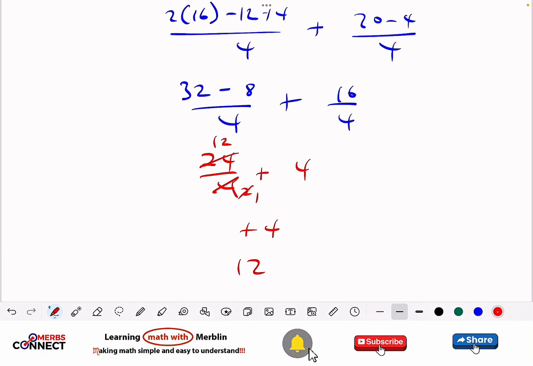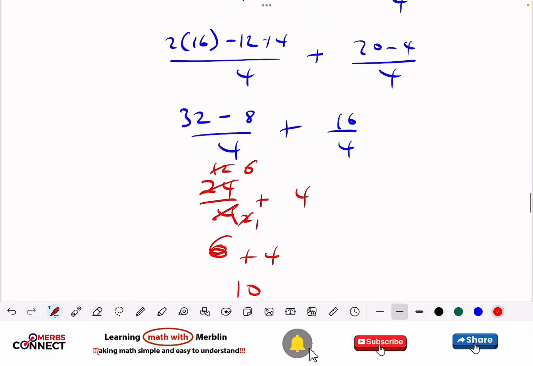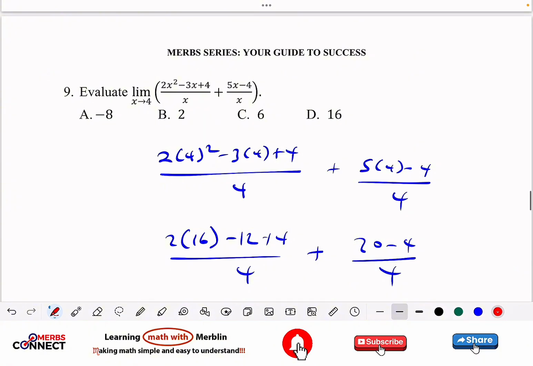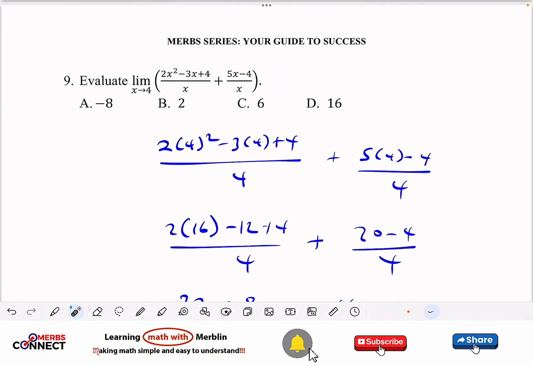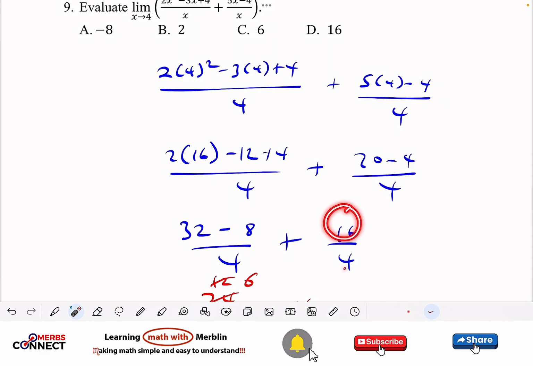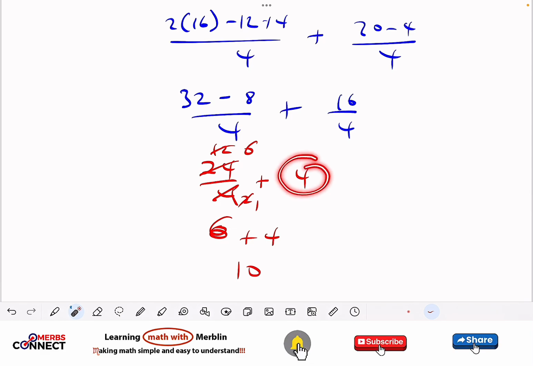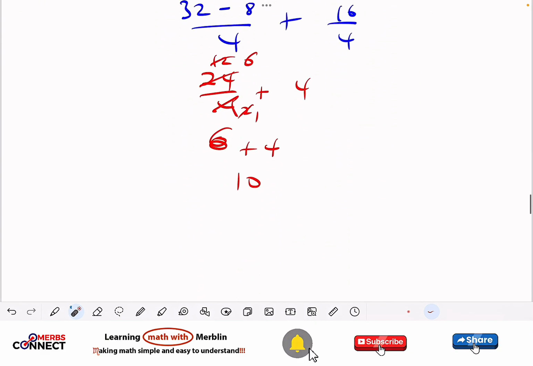Go here, 1, go here, 6. Why am I so confused sometimes? So as you have 10. Okay, there's no 10, so we are good to go. Let me check the other side if it is true. This time this is going to give us 20. 20 minus this is going to be this divided by 4 is going to be 4 for 16. So we are going to have 10, which we don't have 10 there.